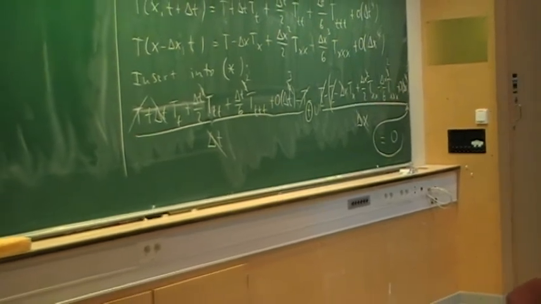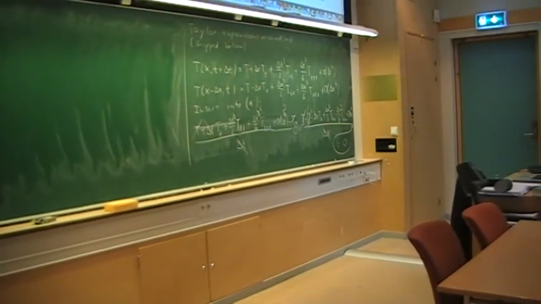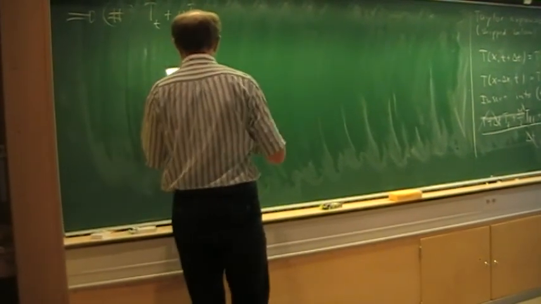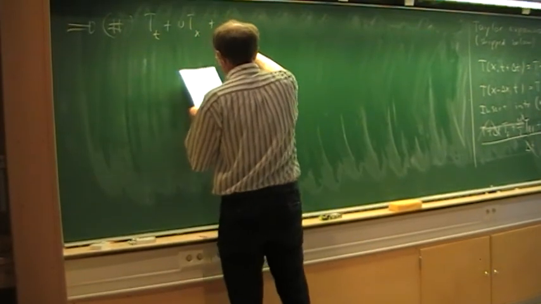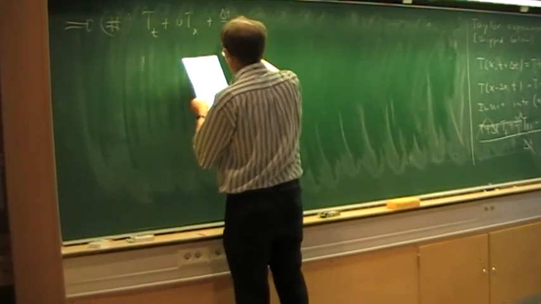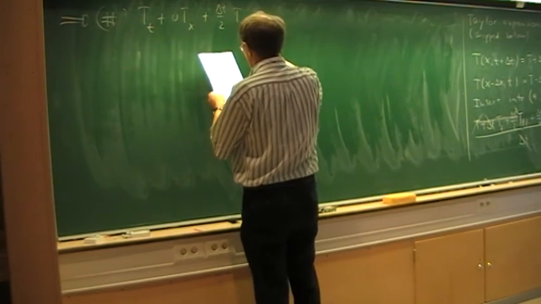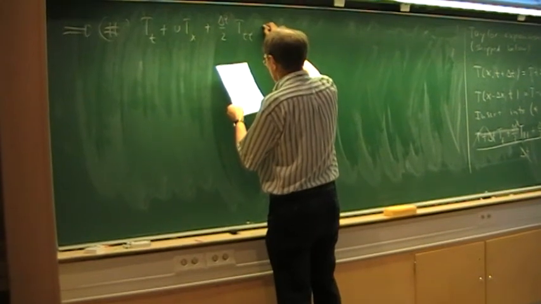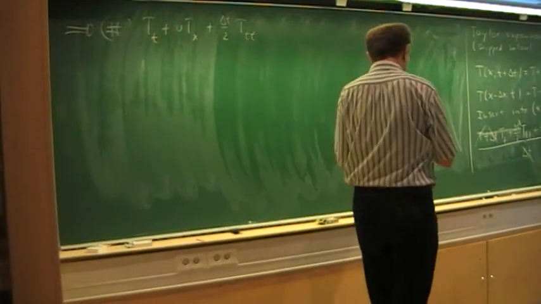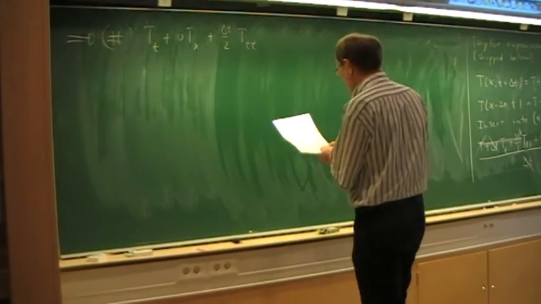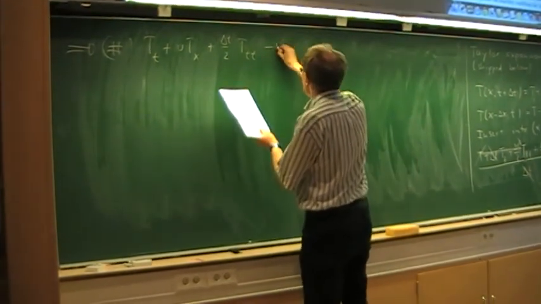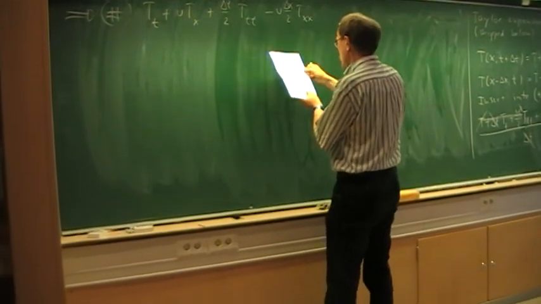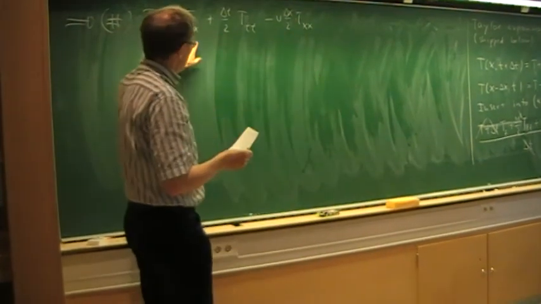So if we do that, we get the time derivative of the temperature plus, so now I move the u delta tx over. And then we have the delta t half, second time derivative. And I move also the xx over, minus u delta x half txx. So I take it according to the derivatives here.